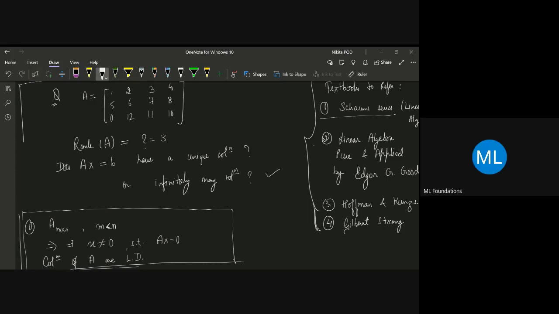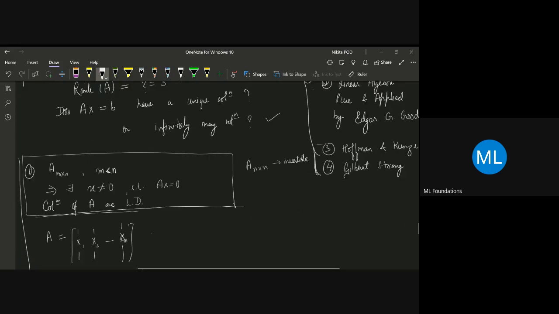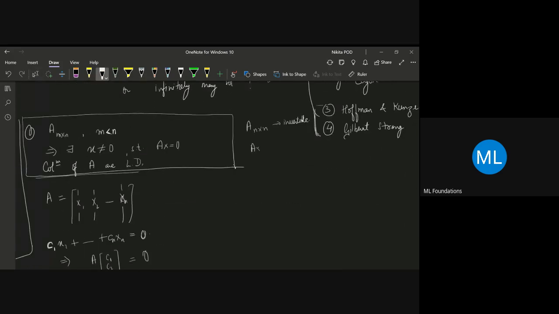Let's say this is an invertible matrix and you have to solve Ax equal b. Since A is invertible, you can do A inverse Ax equal A inverse b.